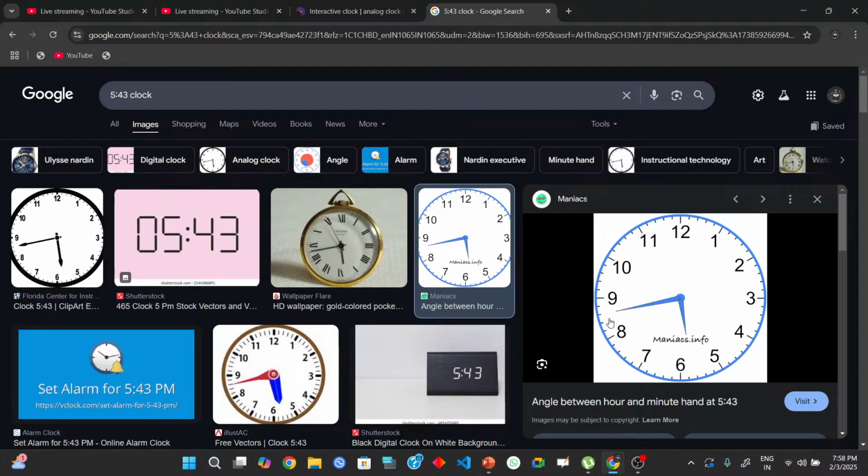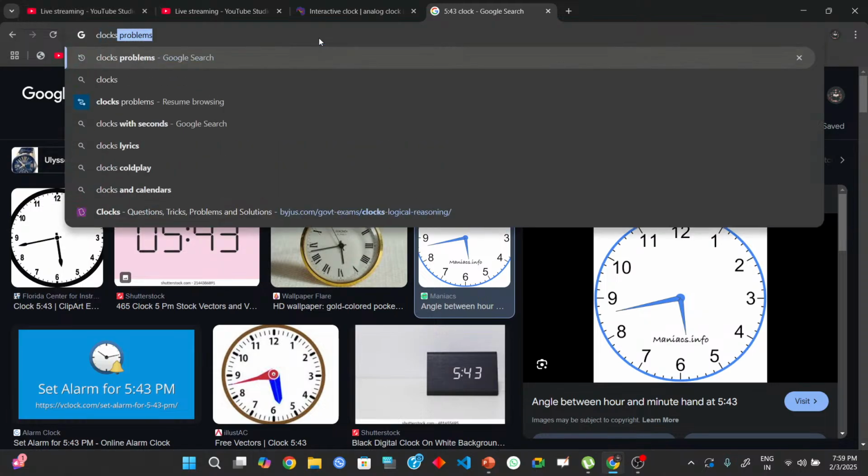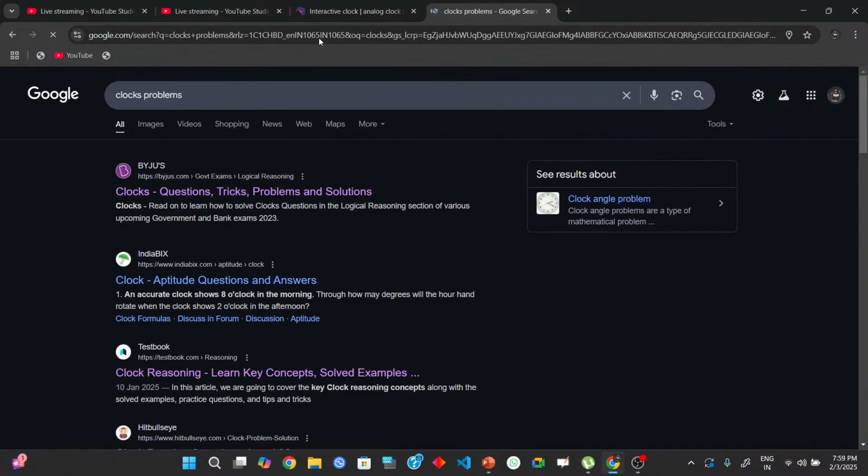So again I am going to search for clocks problems. Choose any one link of your choice, we will solve that problem, then we'll go to the last and final model. Type 1, 2, 3, 4, any number. We will solve one problem from this model.